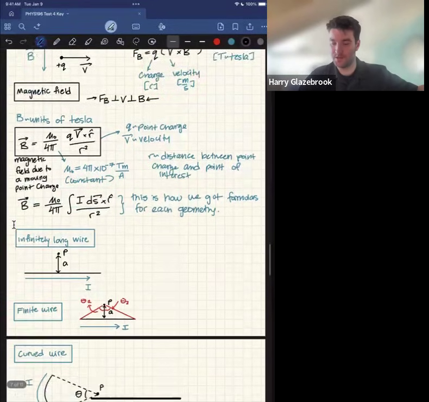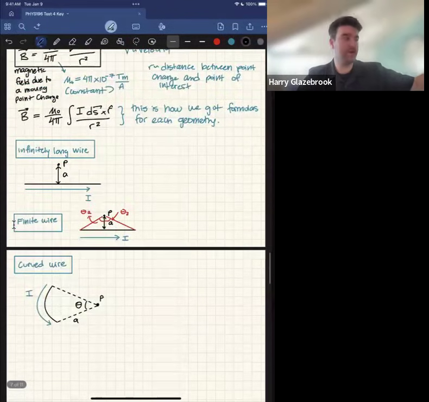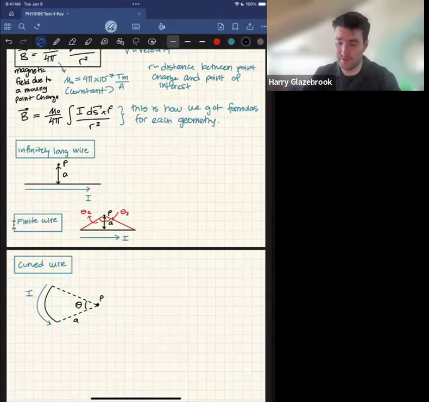Cool. So that's sort of introduction to magnetic fields. I'm going to give you 3 of the most common geometries where you're going to see a magnetic field. So the first is an infinitely long wire. So I have a wire, there's current moving through it, and I want to see what the magnetic field is at a point P that's a distance A above the wire.